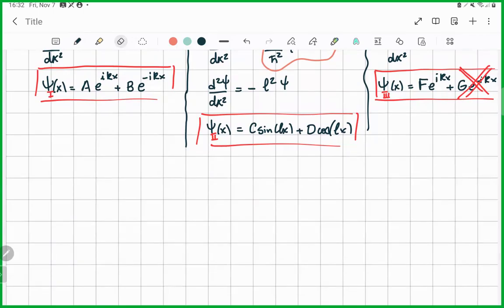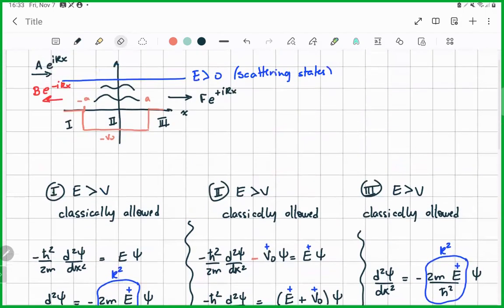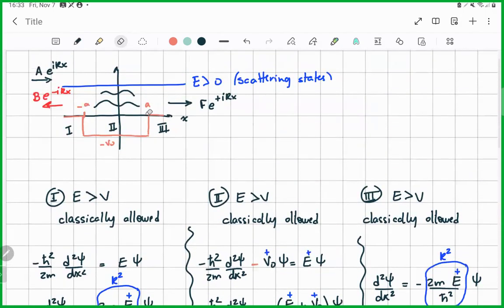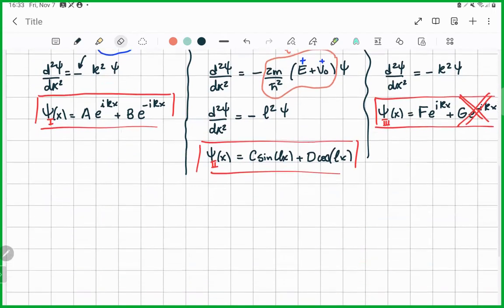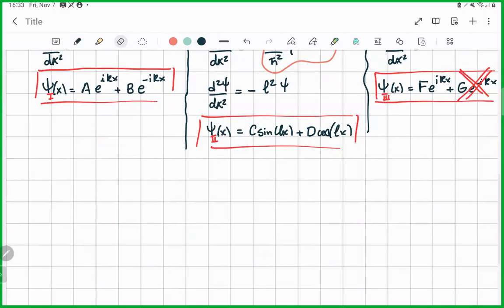So we really have to play with all the boundary conditions, at minus A and at plus A. All right, it's tedious, but let's just go for it. At minus A is where these two functions meet.